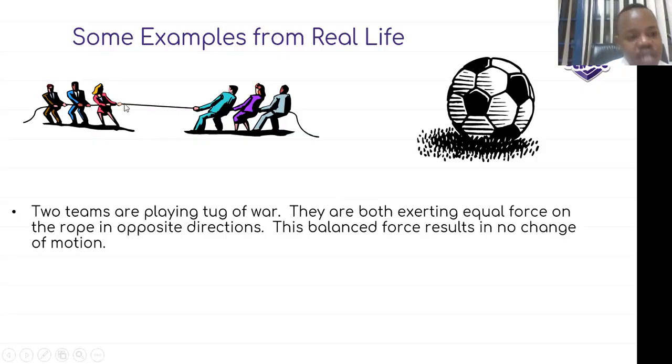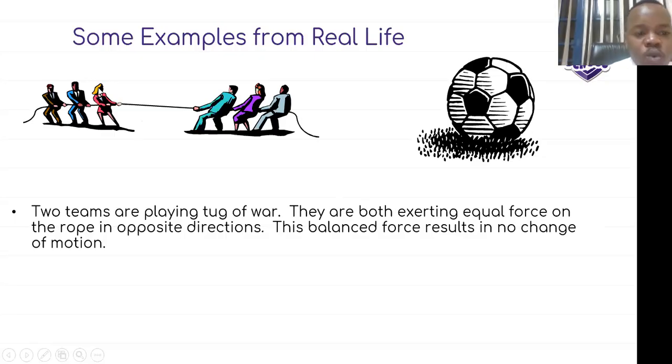When you look at team A, for example, and you look at team B. If team A was pulling with a force of 700 newtons to the left, and team B is pulling with a force of 700 newtons to the right, it means the two forces that are acting are equal in magnitude, but they are opposite in direction.